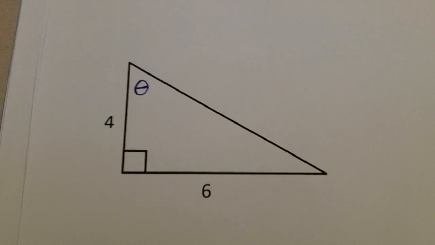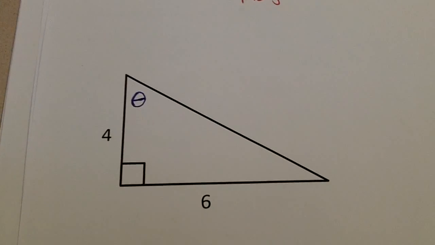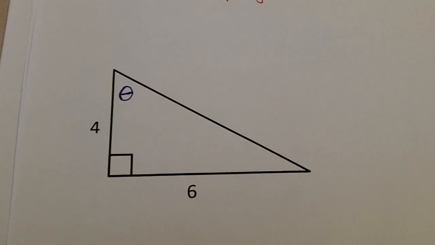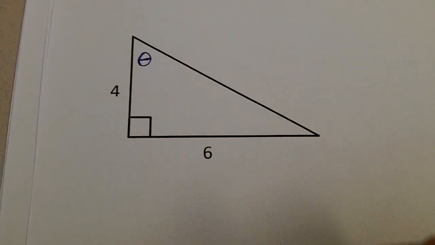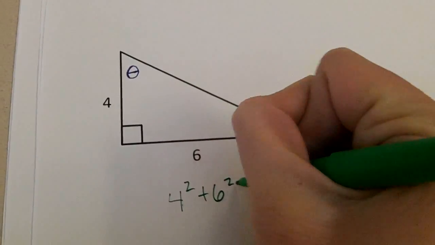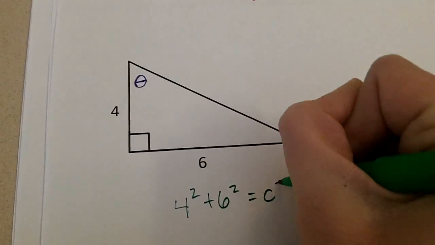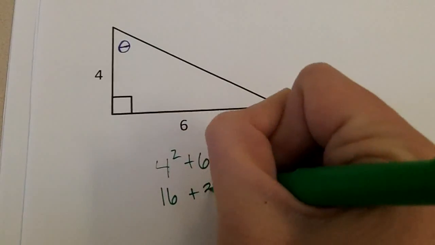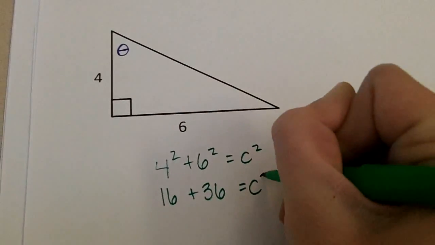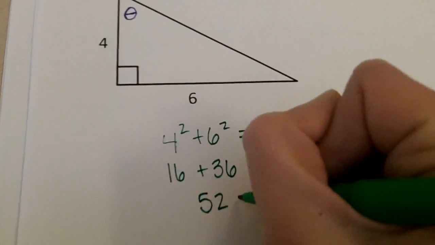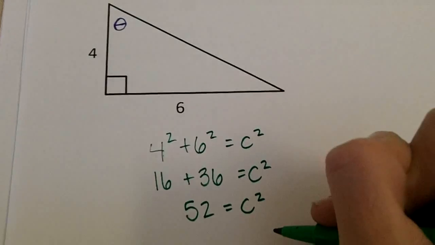In this triangle, the hypotenuse is missing. But because it's a right triangle, we can use the Pythagorean theorem to find the missing side. So we have 4 squared plus 6 squared equals c squared. 16 plus 36 equals c squared. 52 equals c squared.